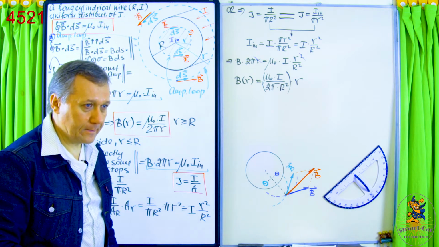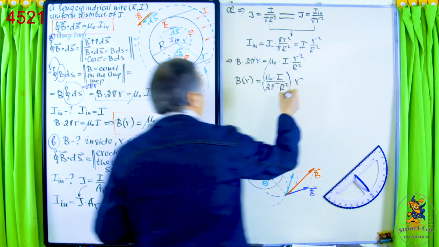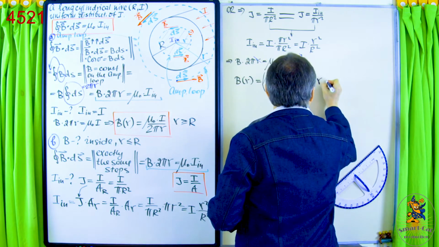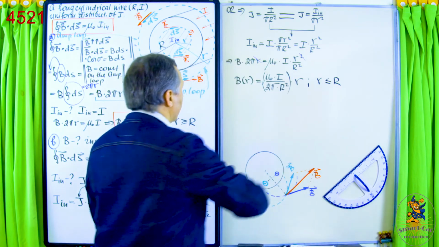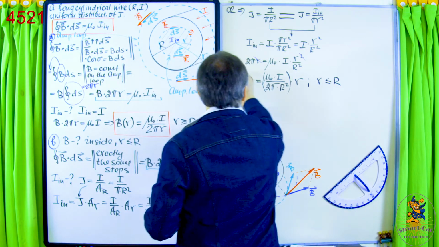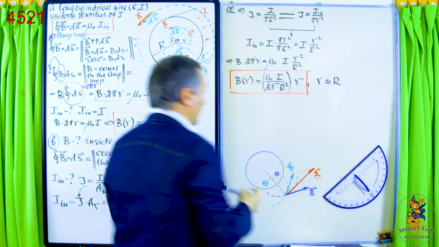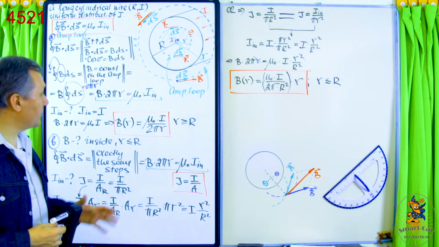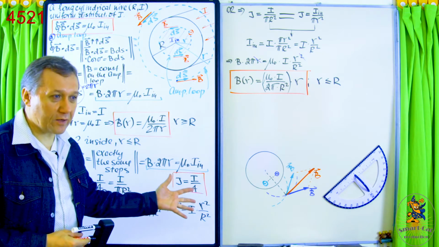Right. Okay, let me first write that this is for r small less than or equal to r capital. Now we need to frame it. All right. And now let me plot how magnetic field changes with r small.